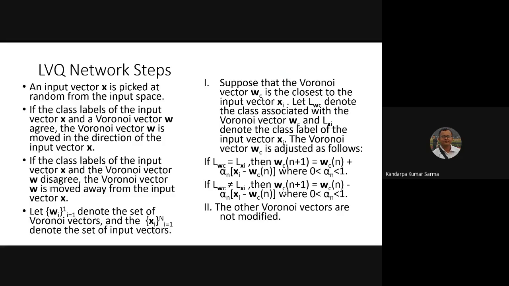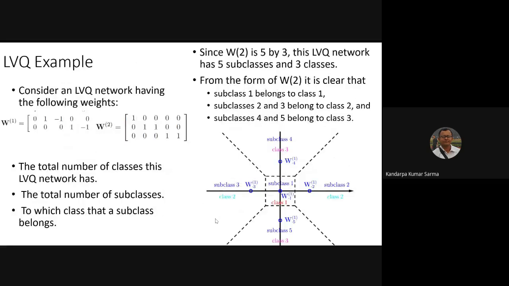If not, the second condition shall be governing, and the rest of the Voronoi vectors shall not be changed. So this will be the process through which the learning vector quantization shall function.